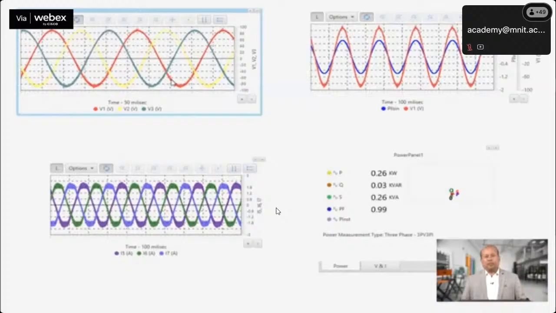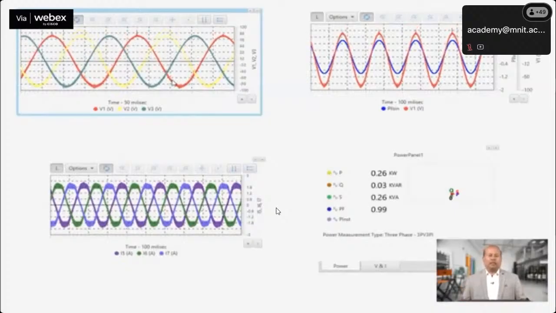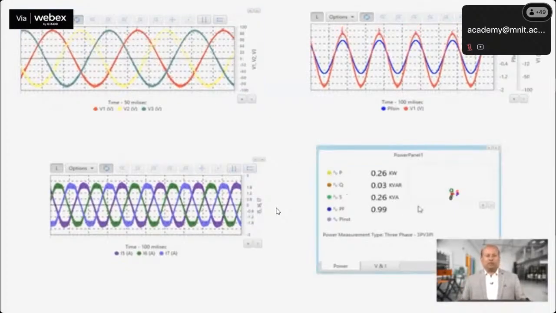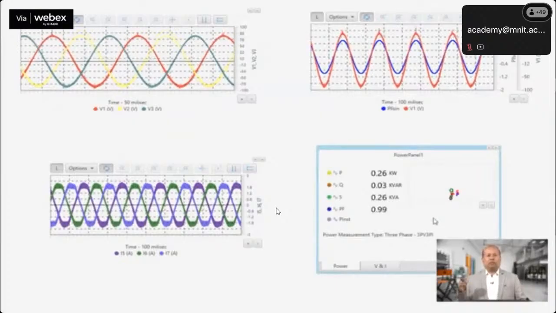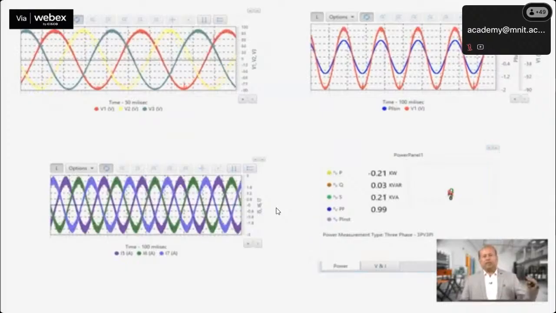In the first case, we can see that power is positive in the right bottom waveform, which means it is a discharging instant of the BESS, and after that we can see that power is negative, which means it is a charging instant of the BESS.